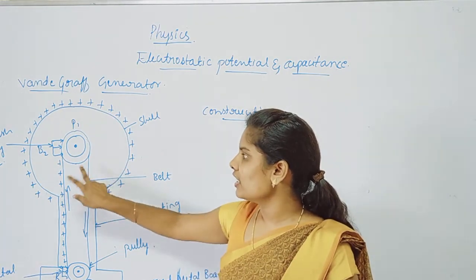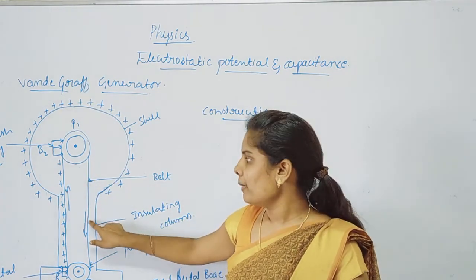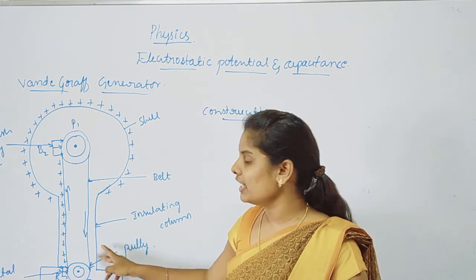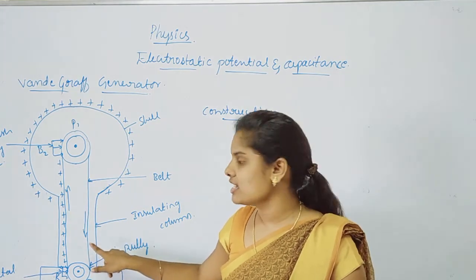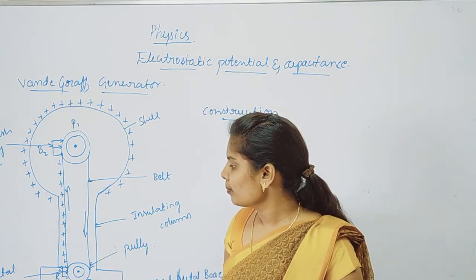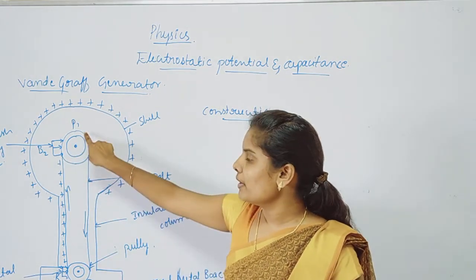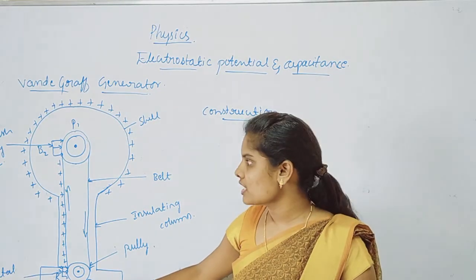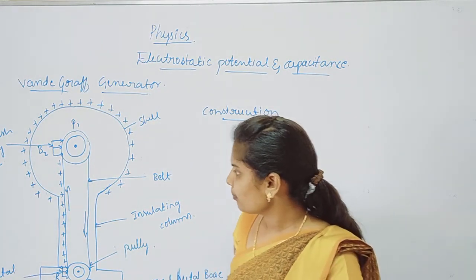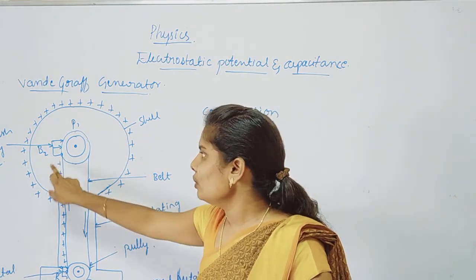Here consider an insulating belt made of silk or plastic, wound around two pulleys, P1 and P2, with B1 and B2.